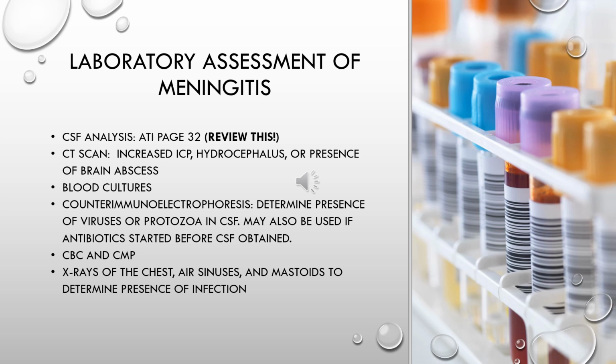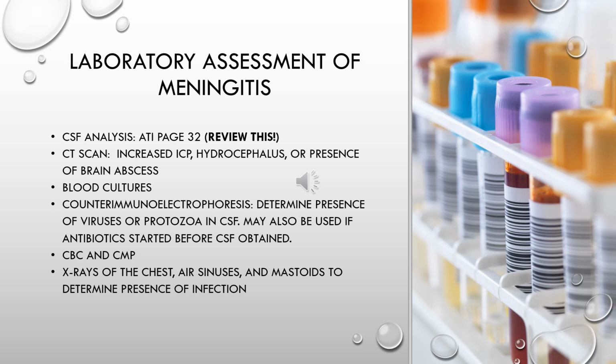Blood cultures, of course, that makes sense because it's an infectious process. And then your book also mentions counter-immunoelectrophoresis. This is used to determine the presence of viruses or protozoa in the CSF. Also, if you've already started an antibiotic before obtaining your CSF, they may use this test because it's a little more sensitive.